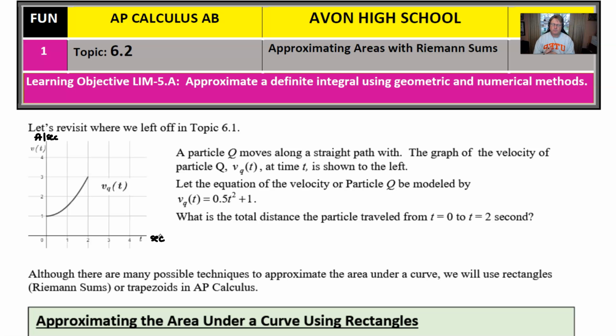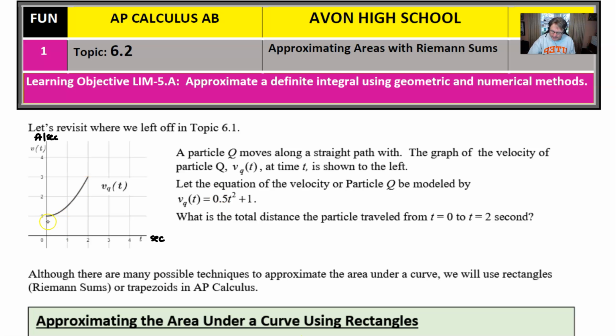Now, the problem that we're faced with often is that the graph of our velocity is not that nice line that we can use wonderful geometry formulas for. In this particular instance, this particular curve, v sub q of t, is actually denoted by this equation, 0.5 t squared plus 1, which means we have a quadratic, which is a parabola.